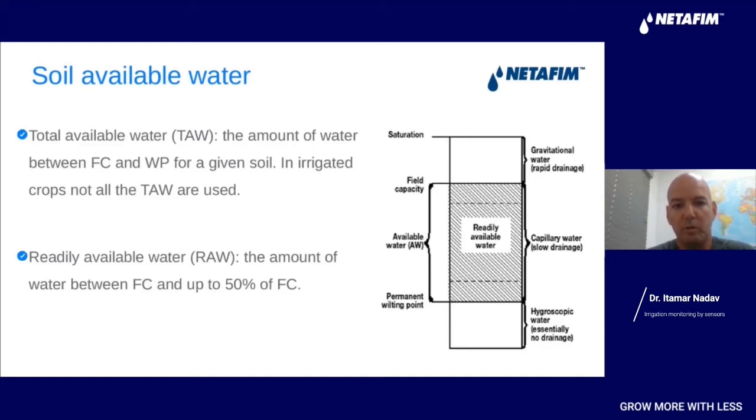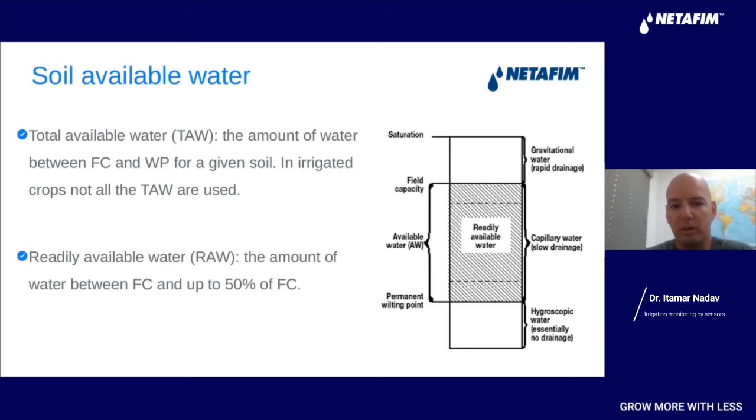So if we are talking about what's available for the plants, we are talking about the total available water, TAW, which is defined as the amount of water between field capacity and wilting point for a given soil, and I'll give you some examples for that. And as I mentioned, in irrigated crops, not all the total available water is actually used because we don't want to come near the wilting point.